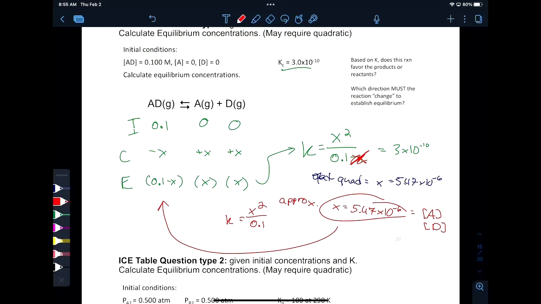But what you see, if you put 0.100 minus that number in your calculator, you get 0.99999. And so at equilibrium, AD is essentially equal to 1.00 when you round within sig figs. So in this example, we just make a tiny, tiny bit of product because K is so small.